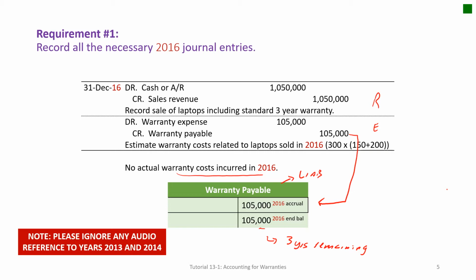So our warranty payable credit in our December 31st entry was $105,000, and that's what the balance is at the end of the year, since there were no warranty costs incurred during the year. For simplicity's sake, we'll start dealing with the costs in the next year. And the important thing to note is that this $105,000 is for 3 years of warranty remaining, because they are 3-year warranties.